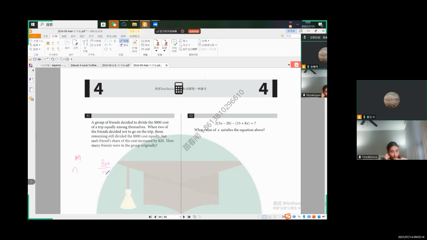Now 2 people are not going, so it will increase. Before it is 800 over n. Now they increase by 20, right? Now the new one is 800 over n minus 2, right? Yes.